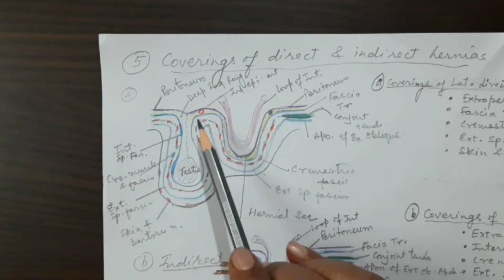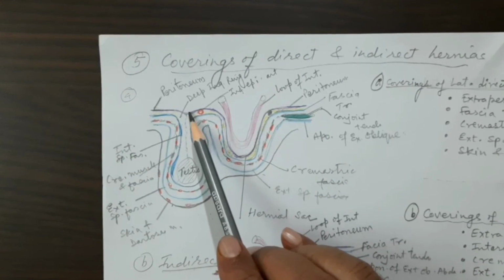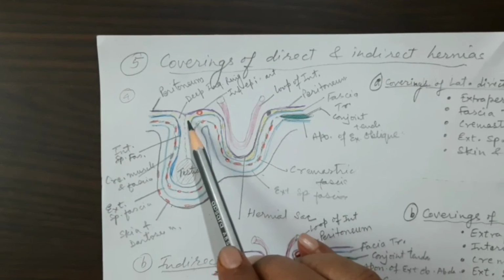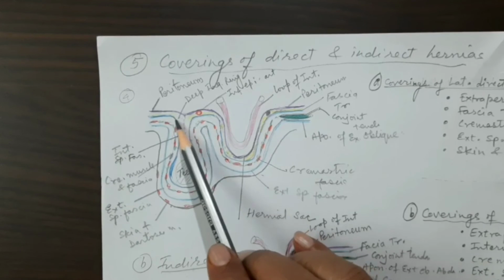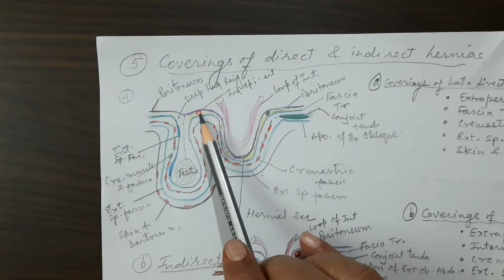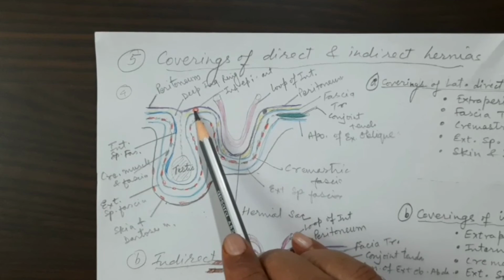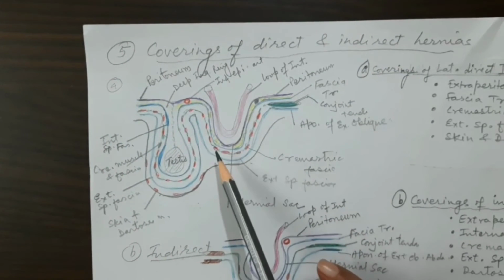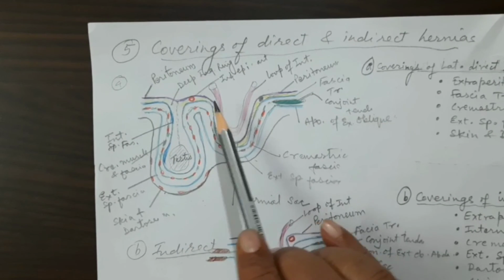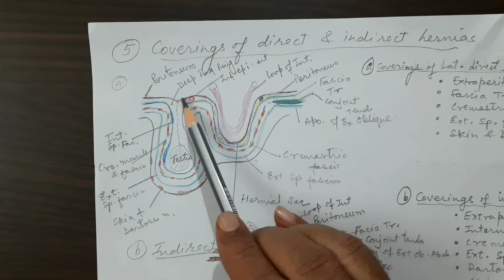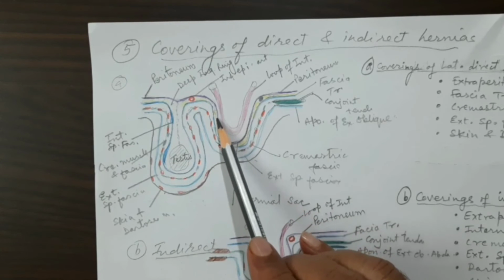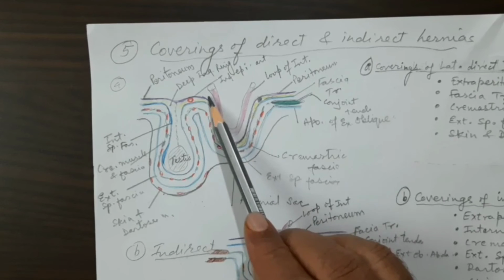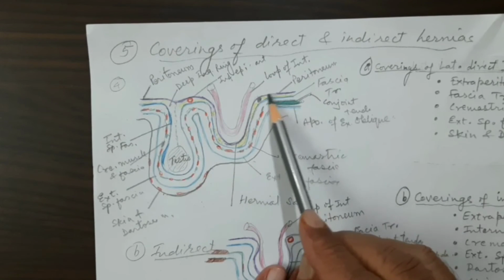But this direct inguinal hernia doesn't occur through the deep inguinal ring or an opening in the fascia transversalis. It occurs just medial to the inferior epigastric artery, and because of that, first it pushes the parietal peritoneum, and thus the parietal peritoneum forms the sac of the hernia.